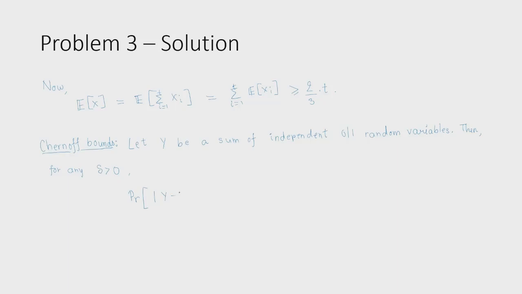Probability that the absolute value of y minus its expected value is greater than or equal to delta times its expected value is upper bounded by e to the minus delta square expected value of y over 3.